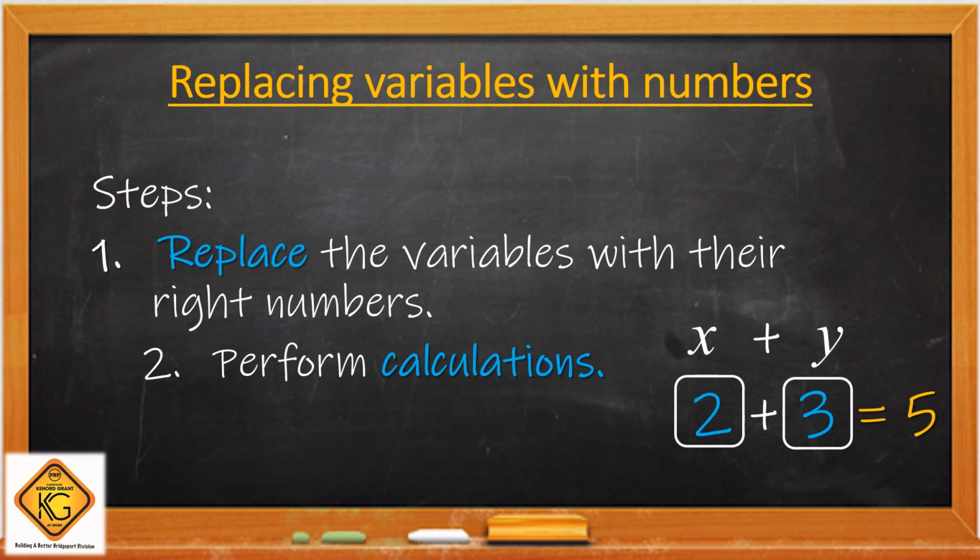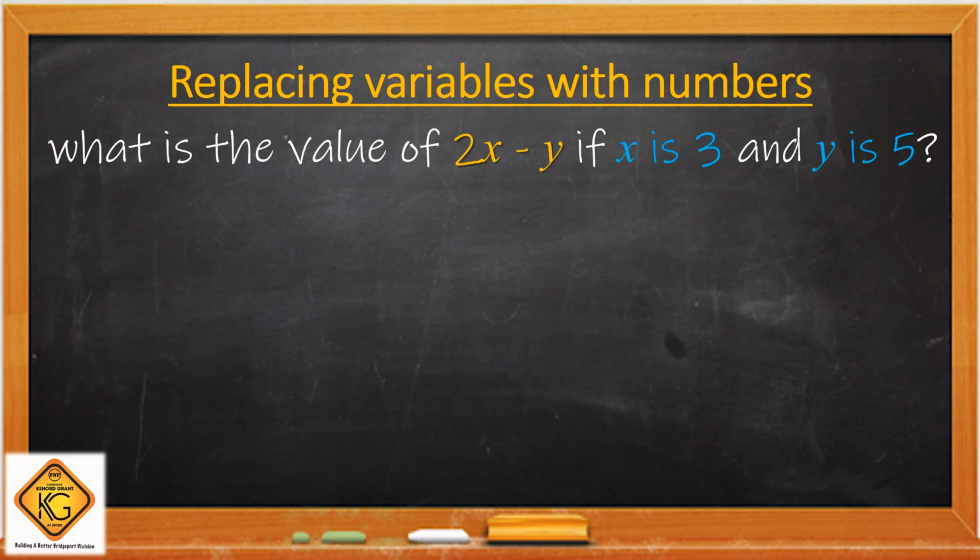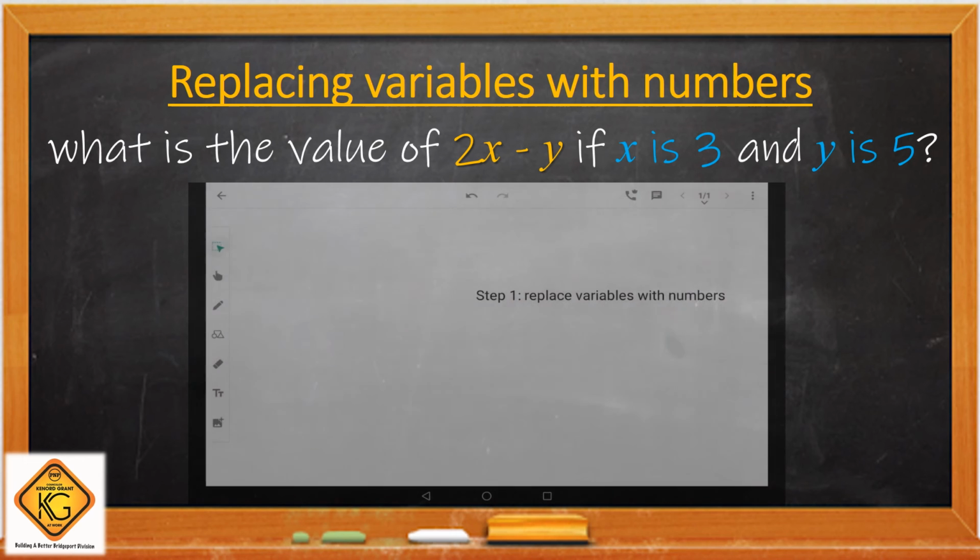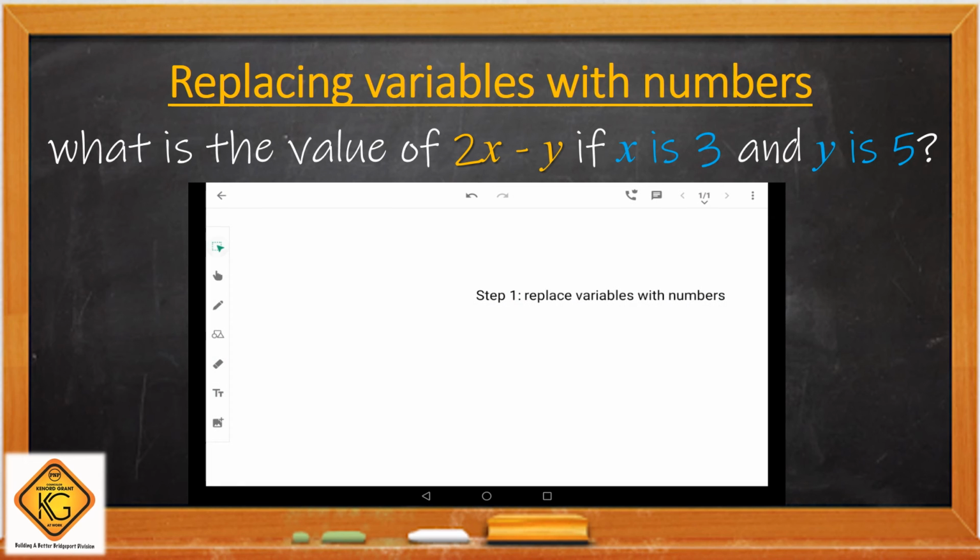Let's try another example. What is the value of 2x minus y if x is 3 and y is 5? Let's take it step by step. Step 1. Replace the variables with their values. I'm going to begin by writing the expression as given. The expression is 2x minus y.